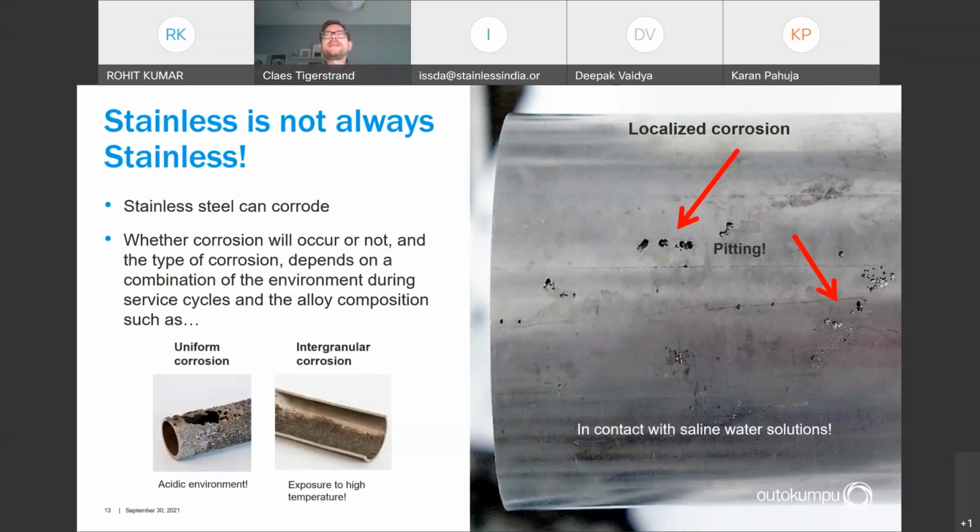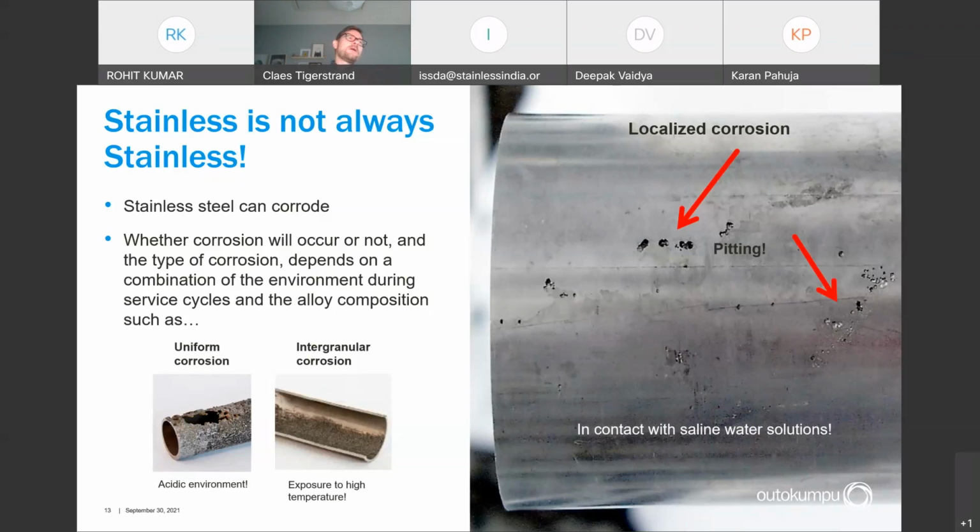So what we see to the right there is the most common type of corrosion you can encounter of stainless steel, and that is pitting corrosion. And it mainly happens in contact with saline water solution when you have chlorides in the water, and it's getting worse at higher temperature, and then you can suffer from pitting corrosion. That we'll come back to.